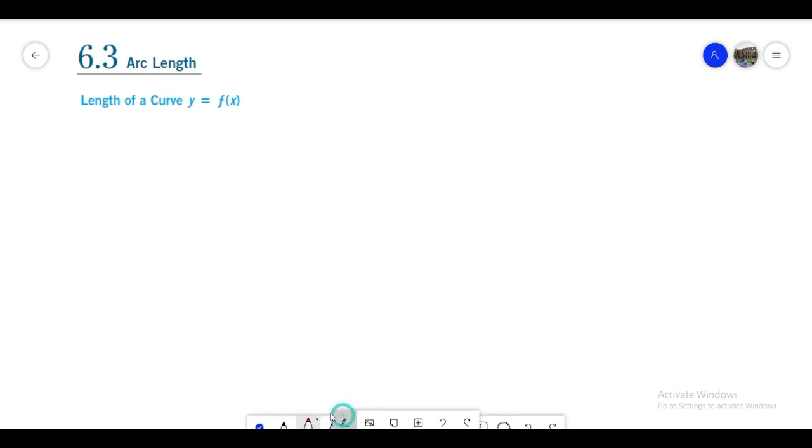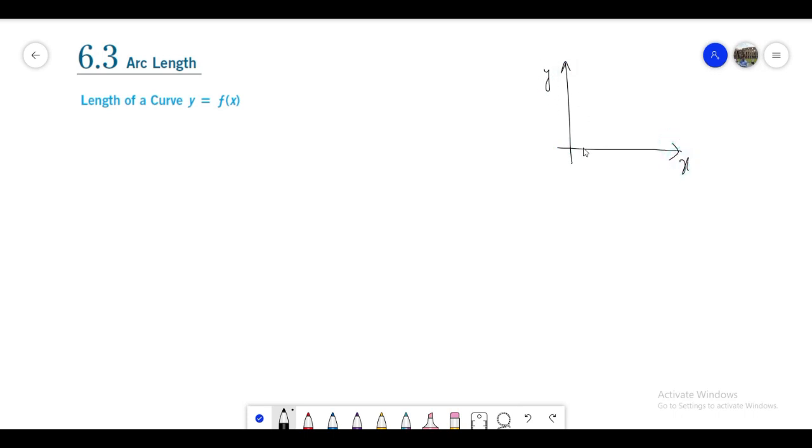For instance, if we have these axes, x and y, and there is a curve established by the function f of x, starting from the point A and ending at the final point B, we have to compute the arc length of this curve.